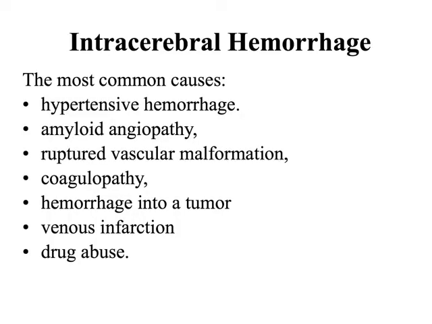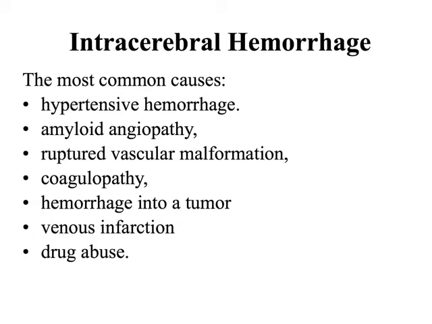Intracerebral hemorrhage. The most common causes are hypertensive, amyloid angiopathy, ruptured vascular malformation, and stuff related to poor coagulation. We can actually hemorrhage into a tumor, or tumors could impinge on a blood vessel and cause a hemorrhage.